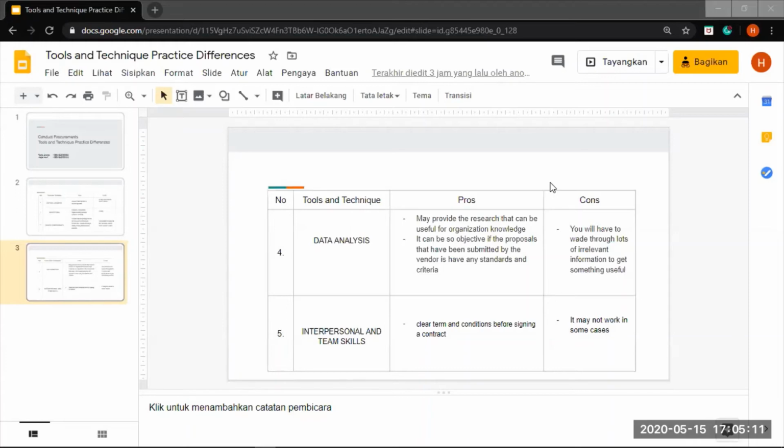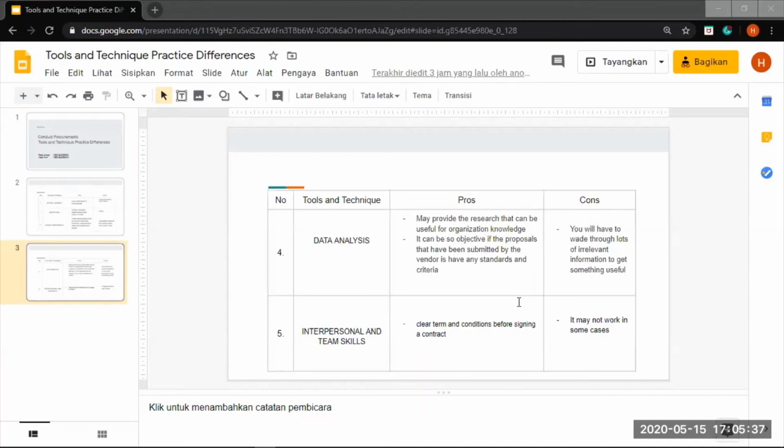I will continue. The next is data analysis. Data analysis involves evaluating the proposals to ensure that they are complete and respond fully to the bid documents, procurement statement of work, source selection criteria, and any other documents that went out in the bid package.